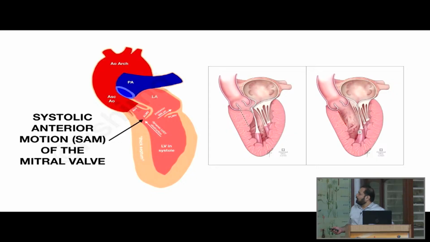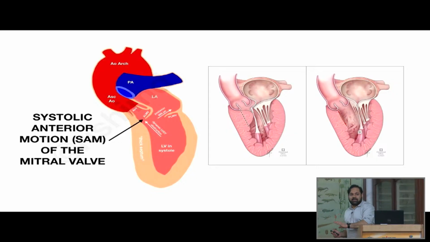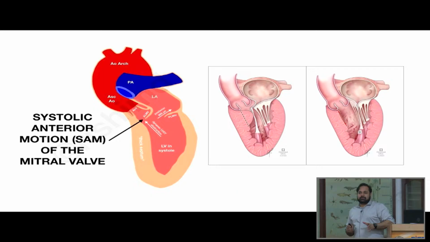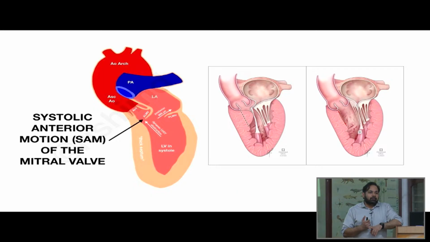Now coming to drug management. So one aspect is, whenever any HCM patient will come, you advise to get assessed for risk factor for ventricular arrhythmias. So if they are fulfilling that set of points, okay, then we advise this patient to undergo ICD.